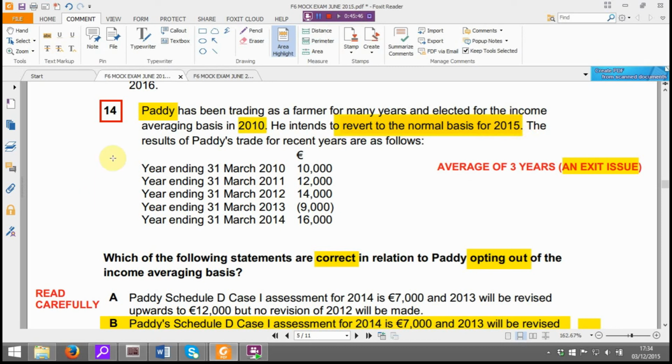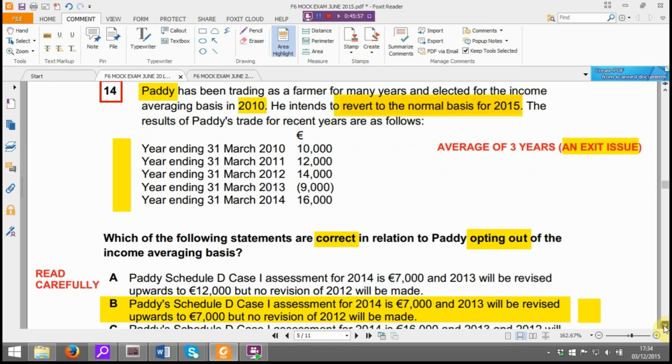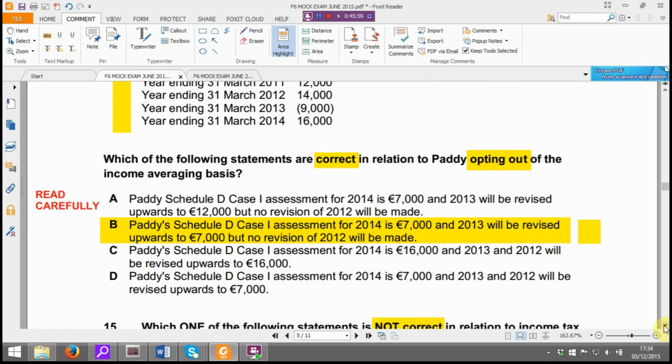They give us some details on his normal income for each of the years, and in effect they're asking which of the statements below are correct. There are quite a few little pieces of work to do here, and coming up with the correct answer requires you to read the question carefully and do this step by step.